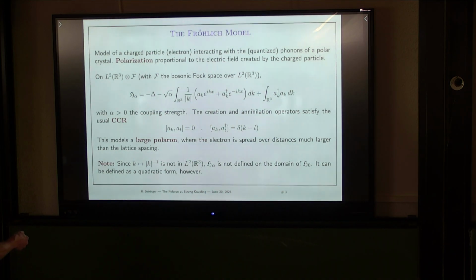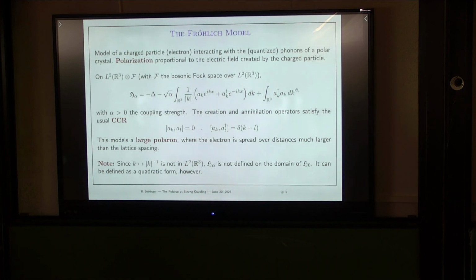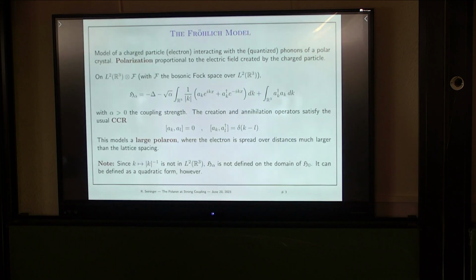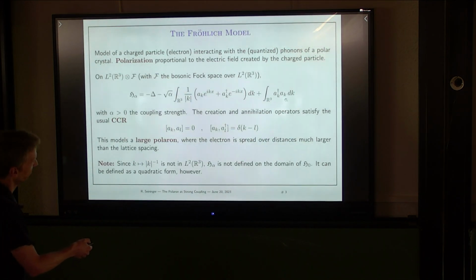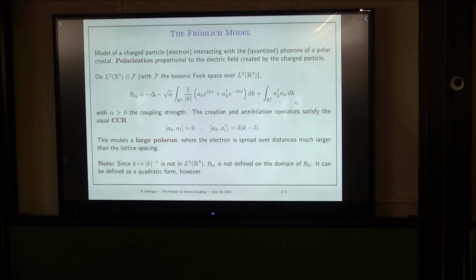These a's and a daggers satisfy the usual canonical commutation relations. So this is just another way of writing the number operator on Fock space. You can think of this as basically like in the picture here. At every point in space there's a harmonic oscillator whose excitation describes the polarization. Or, in momentum space, in every point there's a harmonic oscillator. So that's the free part.